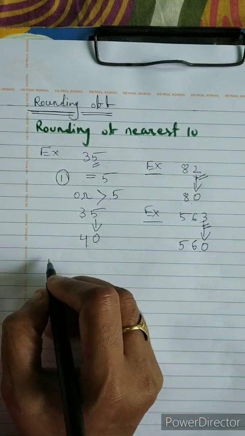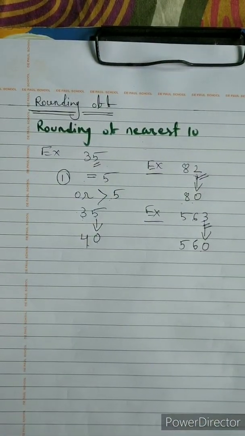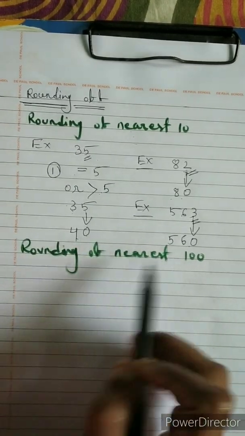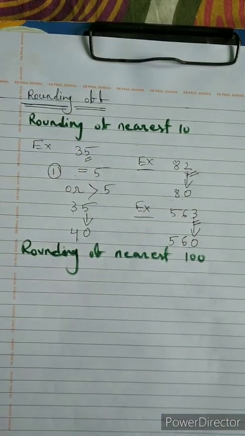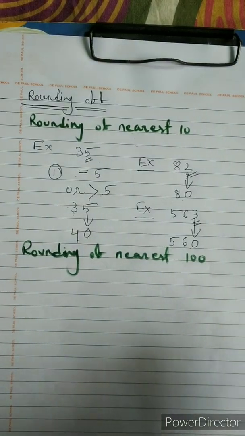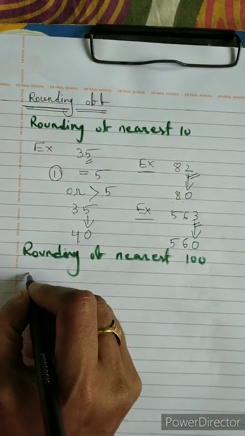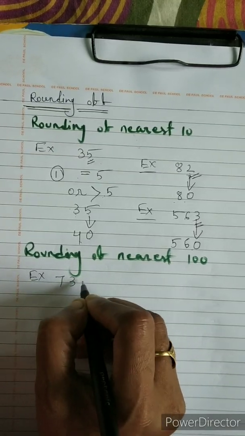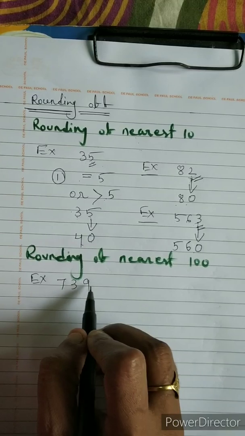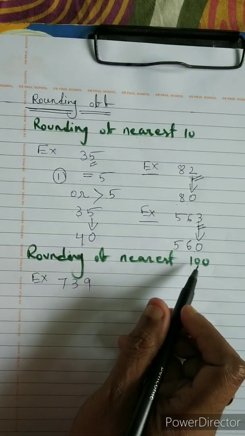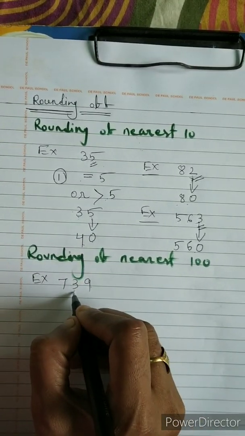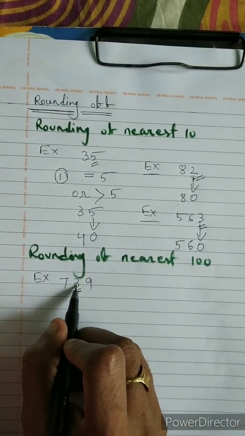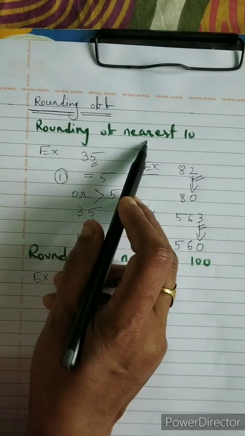Now I will go to rounding off to the nearest 100. Children, now rounding off to the nearest 100. This applies to any 3-digit number, 4-digit number or 5-digit number. I will take examples one by one. Suppose a 3-digit number 739. Now round this off to the nearest 100. When we round off to the nearest 100, we compare the tens place digit with 5. The rule is the same as rounding off to the nearest 10.